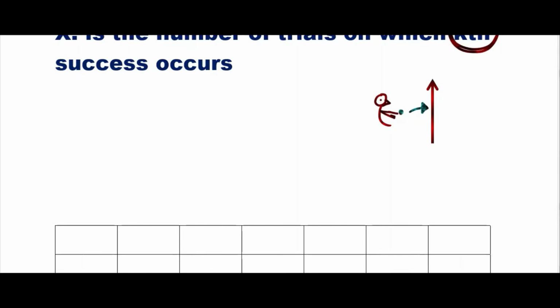So throw it many times. Continue throwing it till you strike it 10 times. Till you strike it 10 times, you continue throwing it. So you count the number of trials, not once now, 10 times. Once you get the 10th one, you stop.